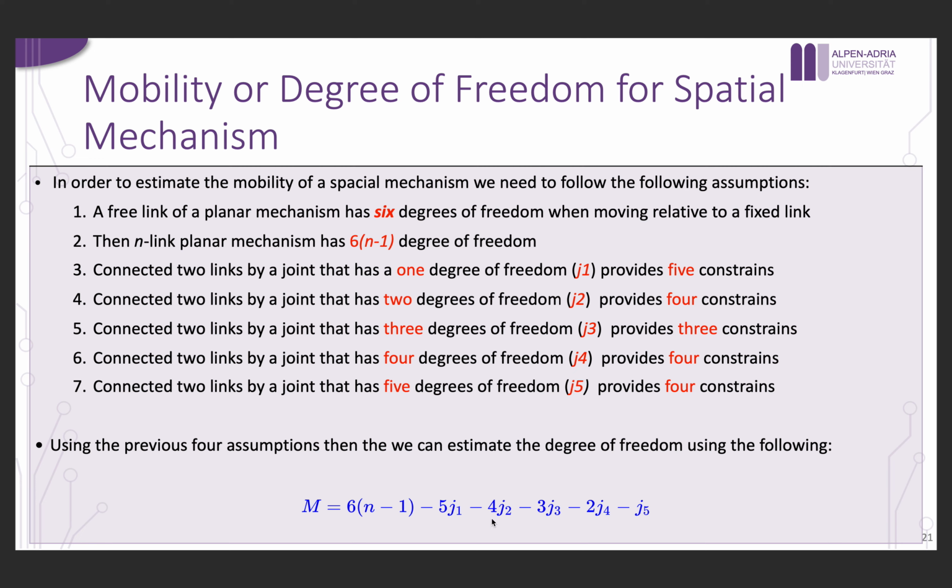Now the rest would be just by difference from 6. For example, here, joints that have 2 degrees of freedom, like the cylinder, because in a cylinder you can rotate and translate or slide. And here, joints that have 3 degrees of freedom, like the spherical joint, because it can rotate along X, Y, and Z. And here, minus 2, they have 4 degrees of freedom, and here they have, of course, 5 degrees of freedom.